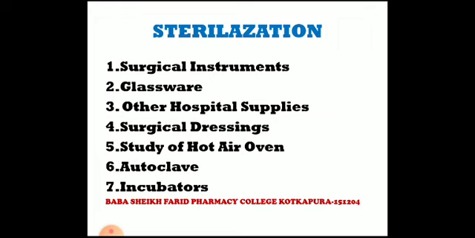Now there are two values, called the D value and the Z value. The D value means decimal reduction time, this time in minutes, required to reduce the number of viable organisms by 90%.